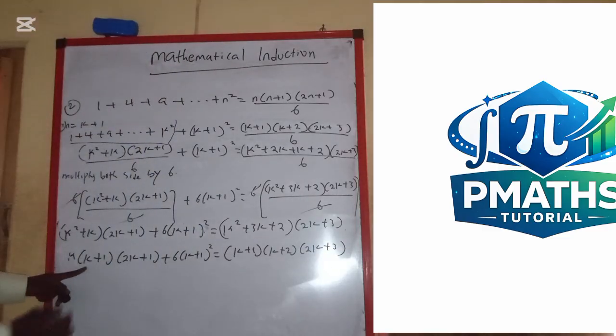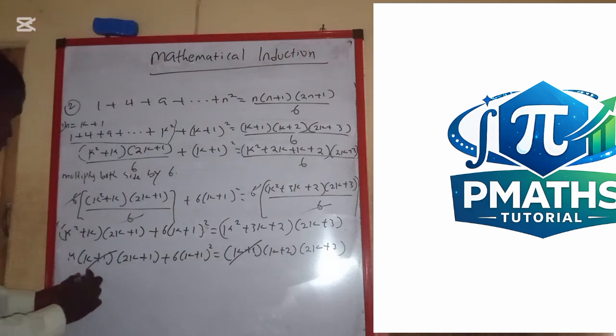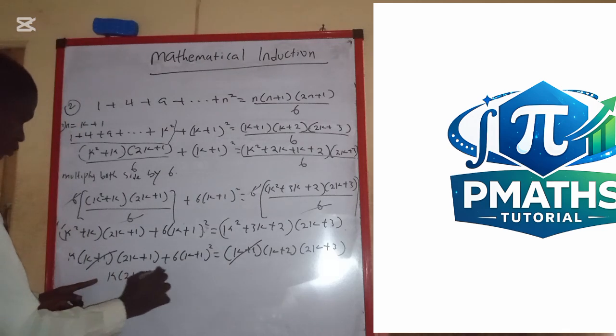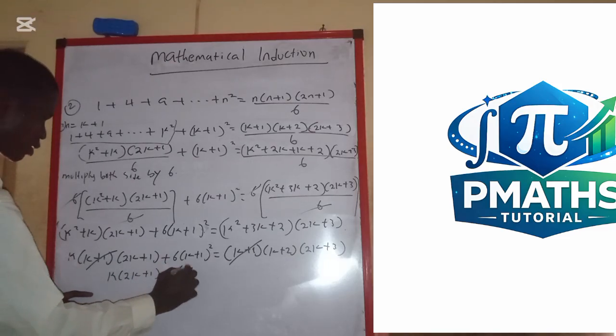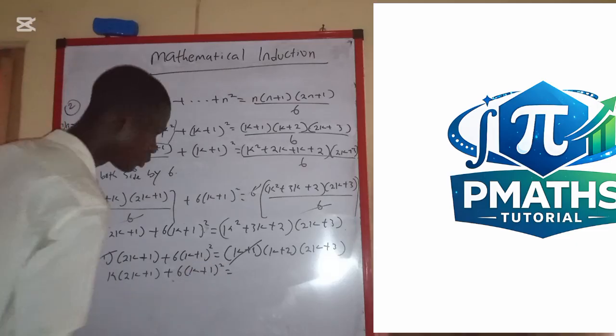Right? This will cut out this, then remain k(2k plus 1) plus 6(k plus 1), over.